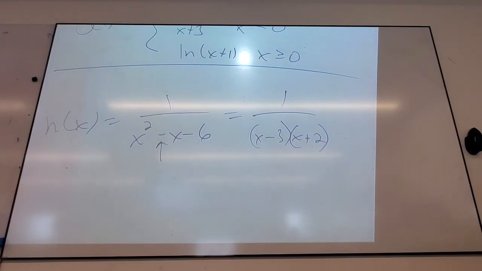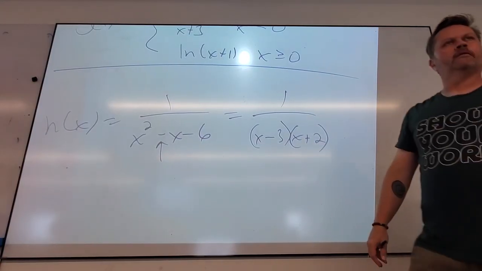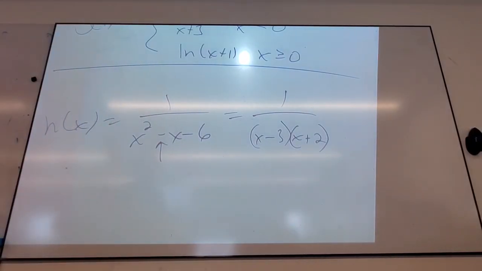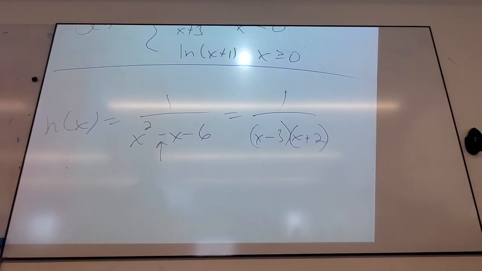So where is this discontinuous? 3 and -2. Does it have a discontinuity anywhere else? No, it can't. The only thing that would make this freak out is the bottom being 0, and we identified both. Would you all agree it's continuous everywhere else? Any other x you plug in there, it's not going to have a problem. It's going to be a number. It's going to be beautiful. Yes?